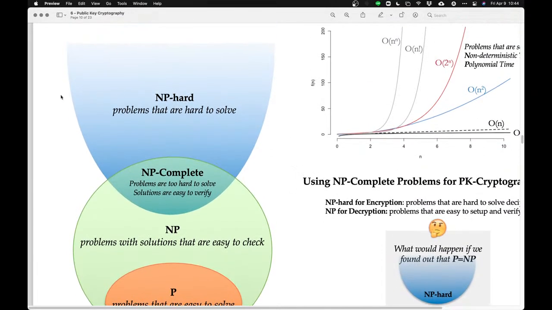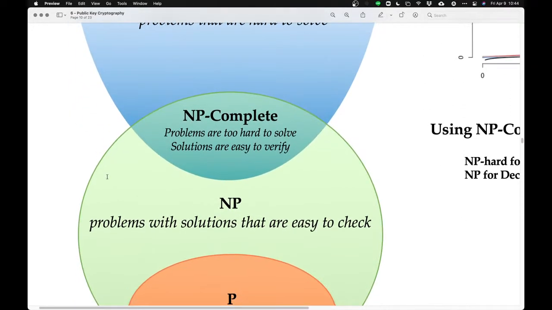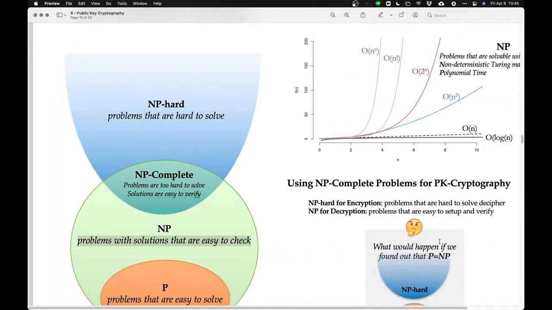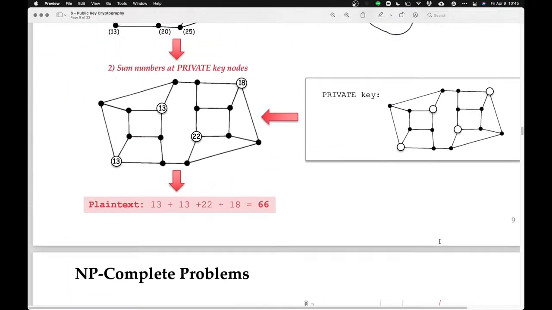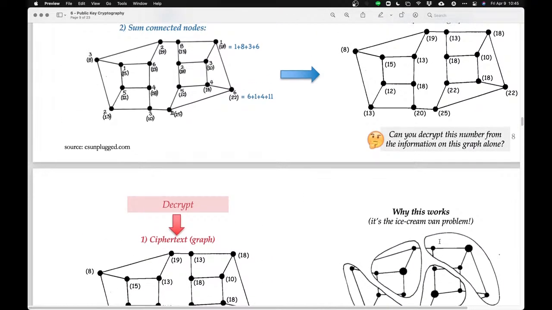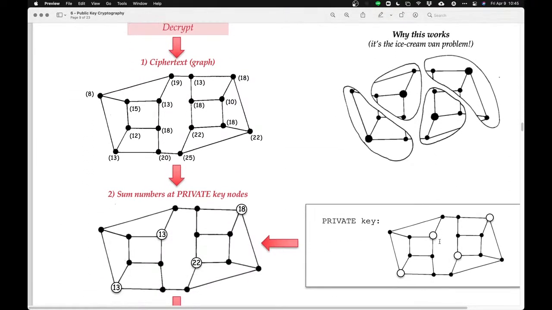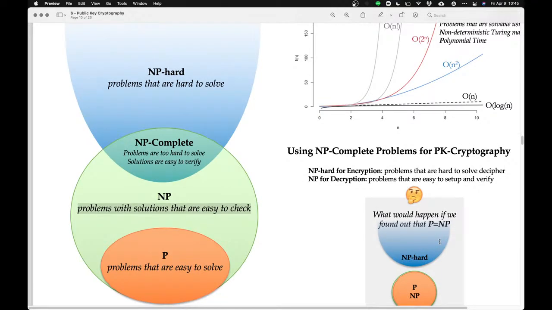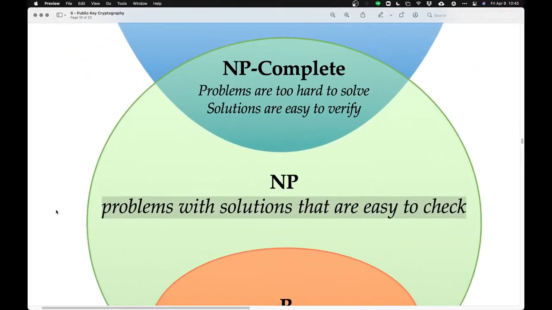However, even though we want to use hard problems, we need those problems to also have solutions that are easy to check. If they're hard to solve but easy to check, we can figure out a way to create a nice, interesting game to create a public and private key. So that's what cryptographers are looking for: math problems that are NP hard to solve, and yet easy to check. Easy to check is sometimes called NP.